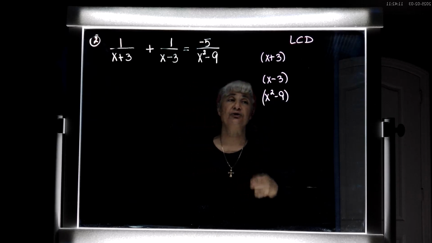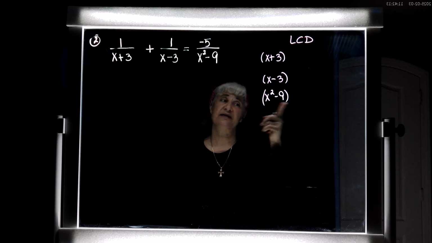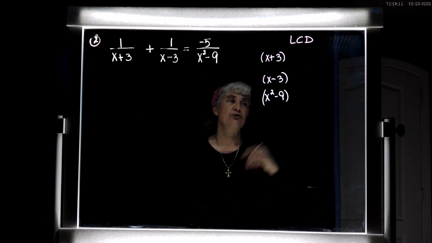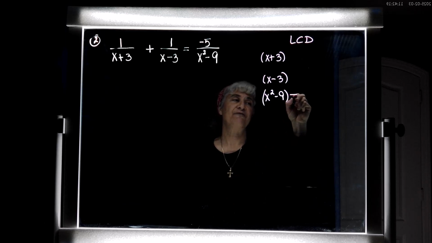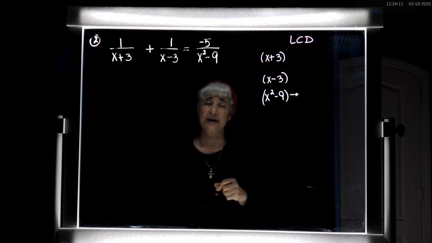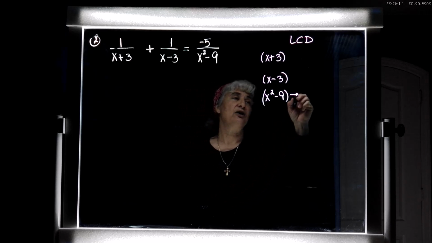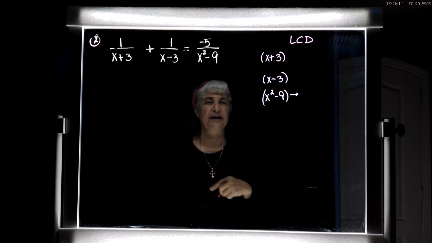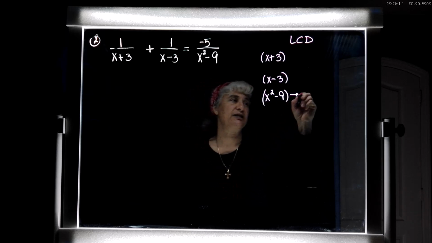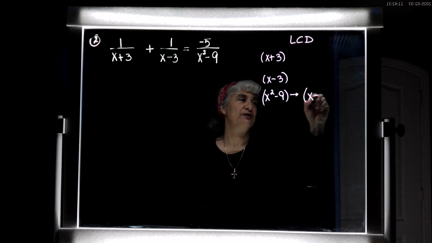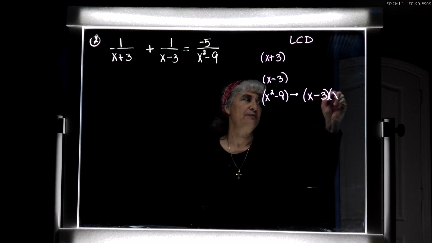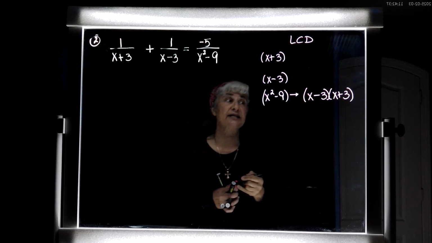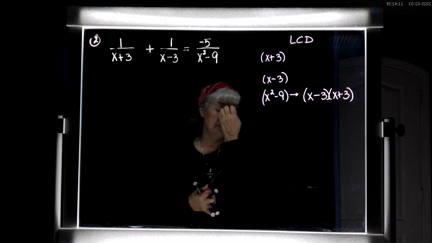Now, I don't know about you, but that square tells me that this denominator could probably factor. And you may or may not remember, but it is a difference of squares, and if you need help factoring, go find my refresher video on factoring. This actually factors out to x minus 3 times x plus 3. So that is the third denominator, x plus 3 times x minus 3.